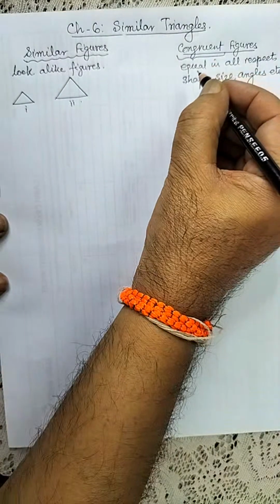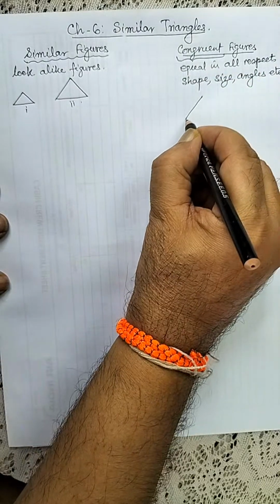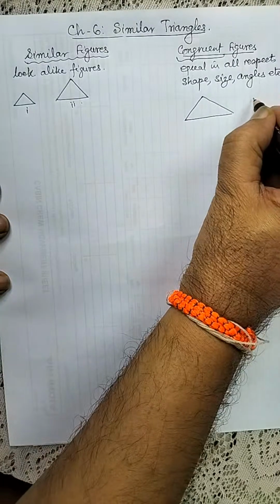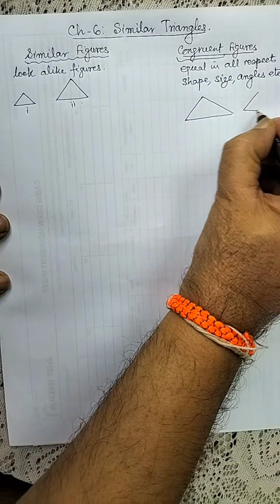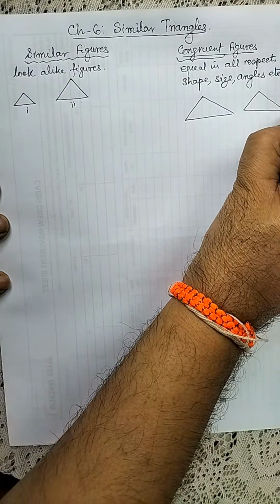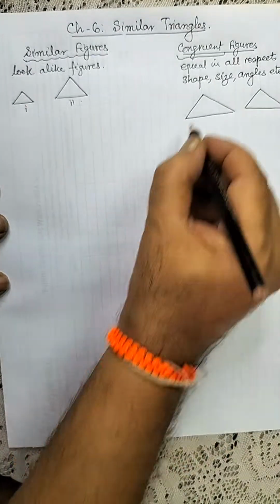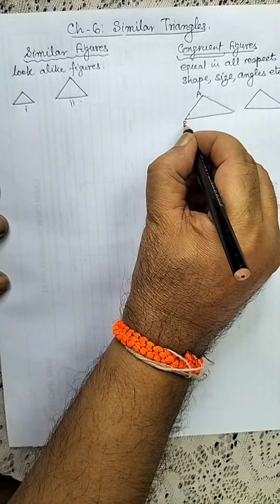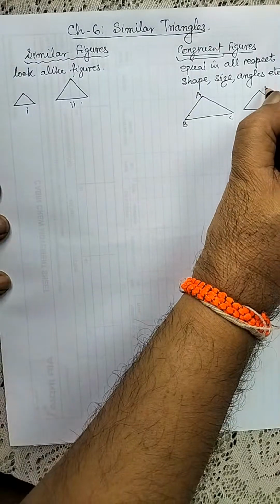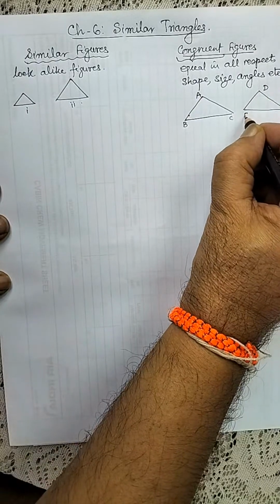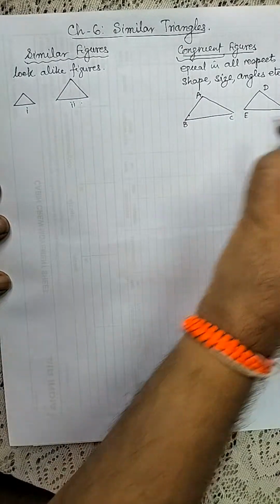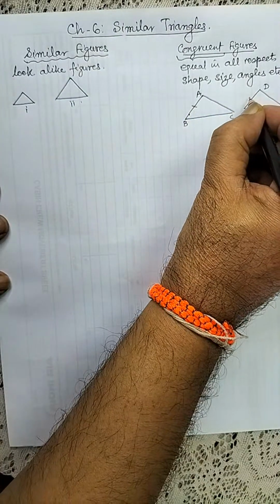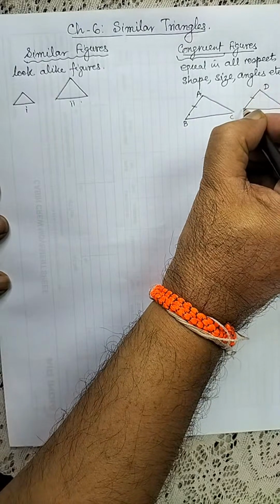Whereas in congruent triangles, if we say that two triangles are congruent, I name this triangle as ABC, this is DEF. Then this side AB will be equal to the corresponding side DE.